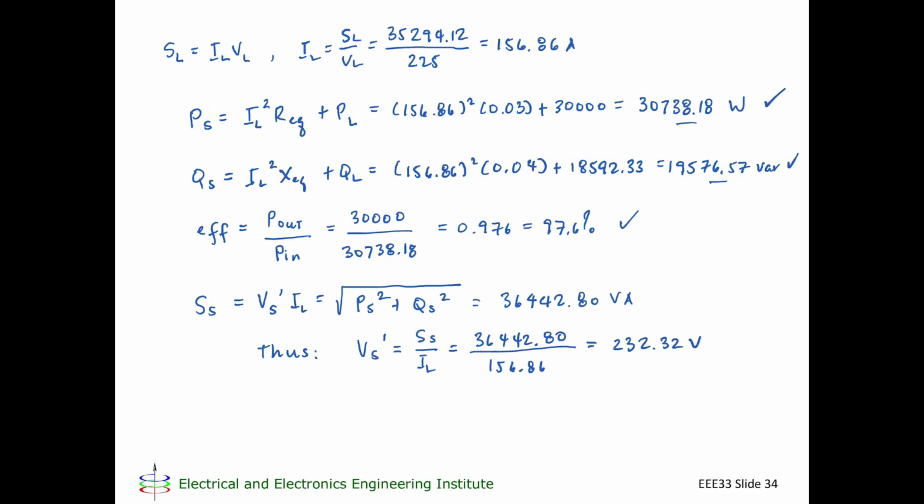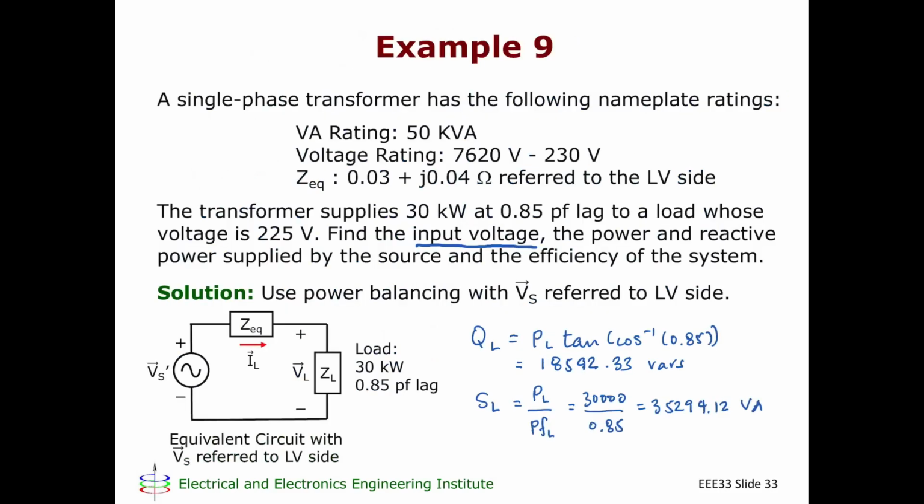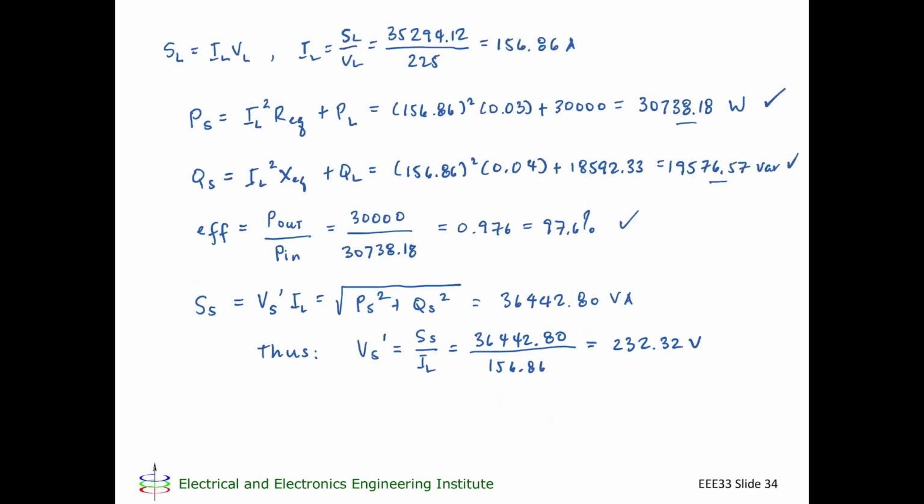Okay, so what happened? We have 225 volts here. We're supplying 232.32 volts here. There is some voltage that is lost across the equivalent impedance of the transformer. But remember, this is V_S prime.